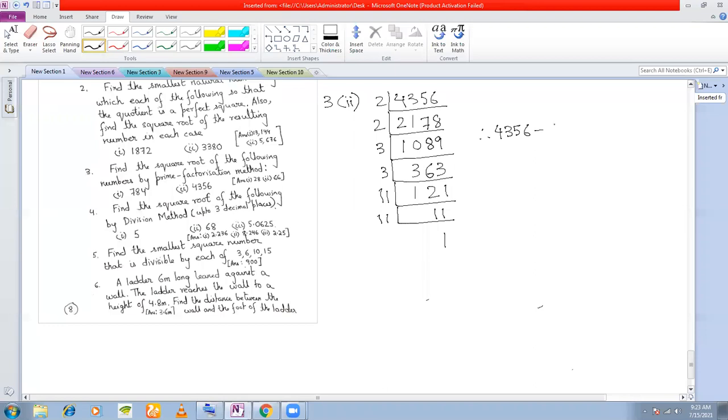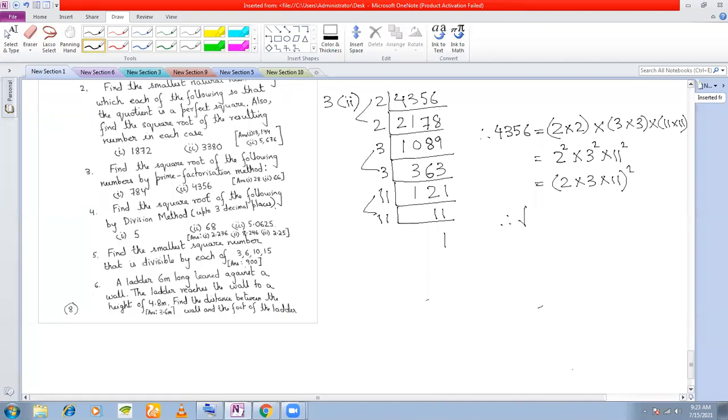4,356 is equal to 2 into 2, this pair, this pair, this pair, into 3 into 3, into 11 into 11, which is equal to, you can write this as 2 square into 3 square into 11 square, which can now be written as 2 into 3 into 11.